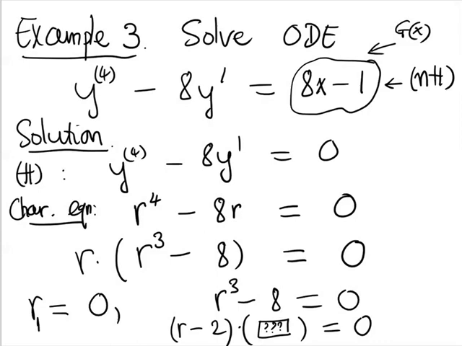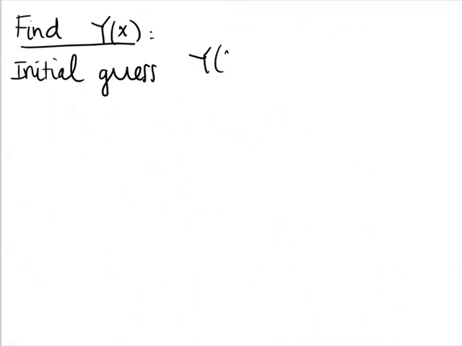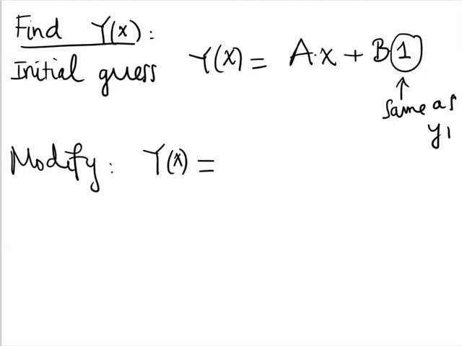So our initial guess, capital Y, would be ax plus b. A times x plus b, which is b times 1. And we need to check whether we have to modify or not. It turns out this is the same as y1, and we need to modify by multiplying by x. So it should be b times x.